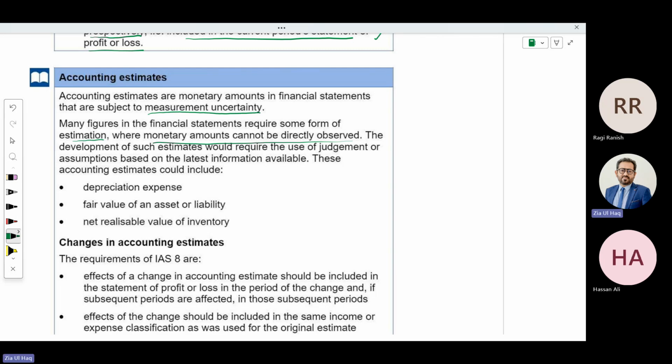What will be the residual value after 10 years when you finish and sell the asset? Can you calculate the exact residual value? No, you can make a guess. According to today's market, a similar asset, 10 years old, we can sell at this amount. So maybe after 10 years, we'll be able to sell this asset for this amount.